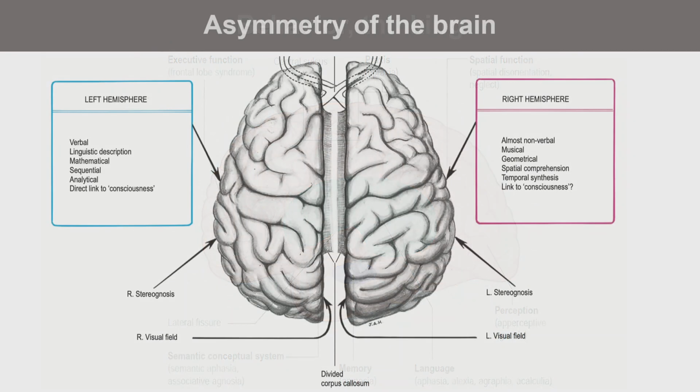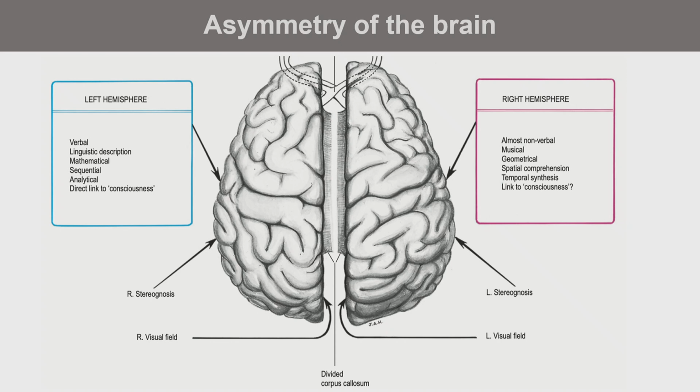So finally I have to say that we have a symmetric brain with asymmetric functions. The brain is not completely symmetric, so that the left is completely related to the volume of the right one, because our hemispheres have split functions. So you know that we have right-handed and left-handed patients.